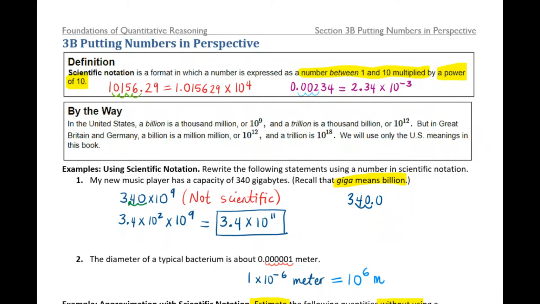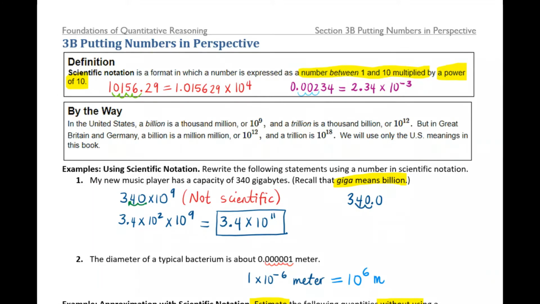The scientific notation is simply writing the number with powers of 10, where the coefficient of this power of 10 is a number between 1 and 10. So here are some examples. For example, 0.00234, this is not a scientific notation, but you may move this decimal point 3 to the right to make it 2.34.